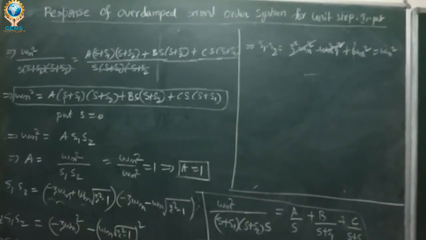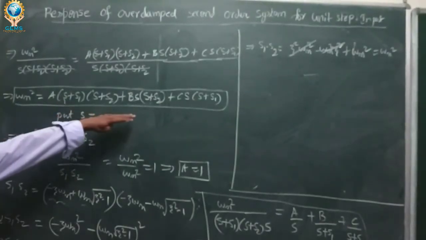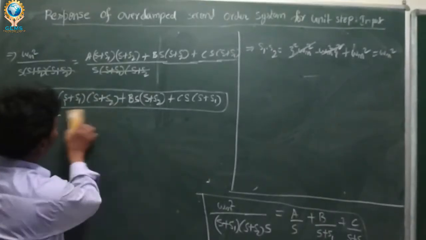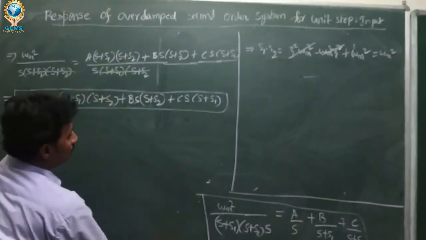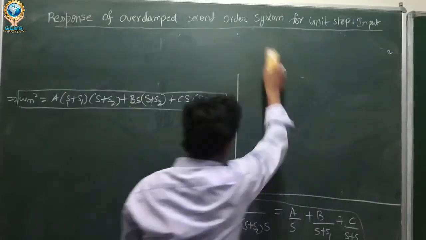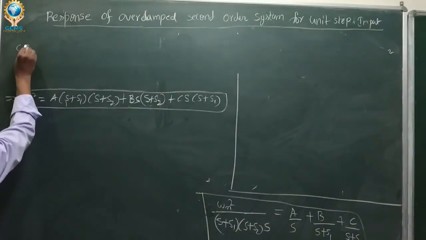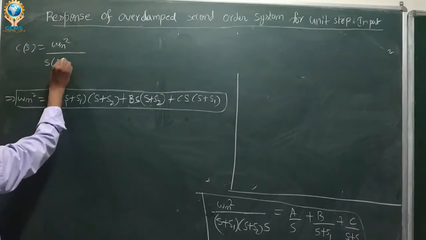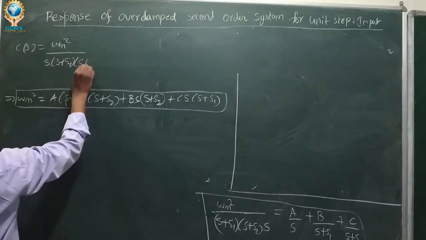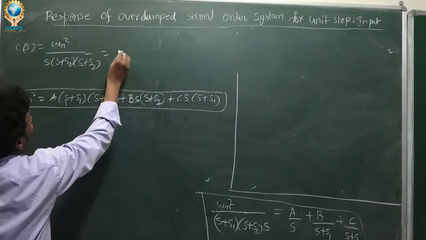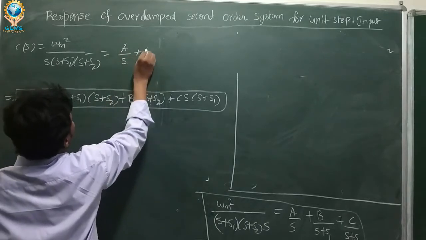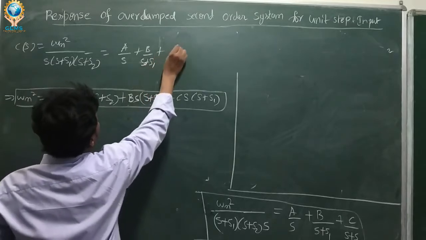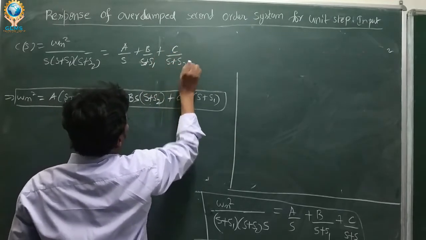So now you have to get the B value from this equation. C of S is equal to omega n square by S into (S plus S1)(S plus S2), which is equal to A by S plus B by (S plus S1) plus C by (S plus S2), right.